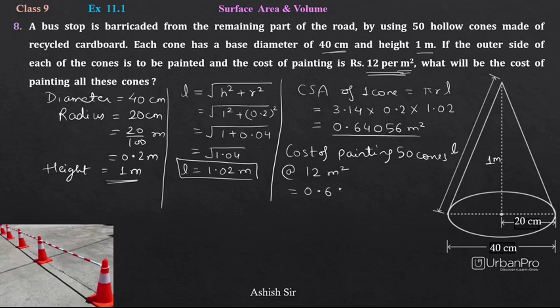So for the CSA of 50 cones, we have to multiply by 50, and to find out the cost we need to multiply it by 12. So we get 384.34 approximately. So this is the cost of painting 50 cones at rupees 12 per meter square.